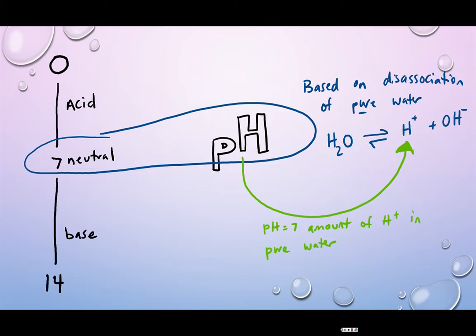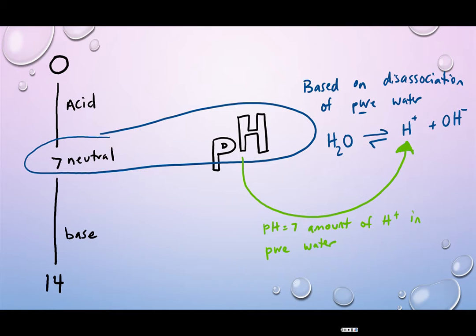This is a reversible reaction, so notice you have your arrows going in both ways. So the amount of hydrogen ion that's released in pure water is measured on our pH scale of 7. So this is how we get this term neutral, and this is what our scale is based on, the amount of hydrogen released into the solution.